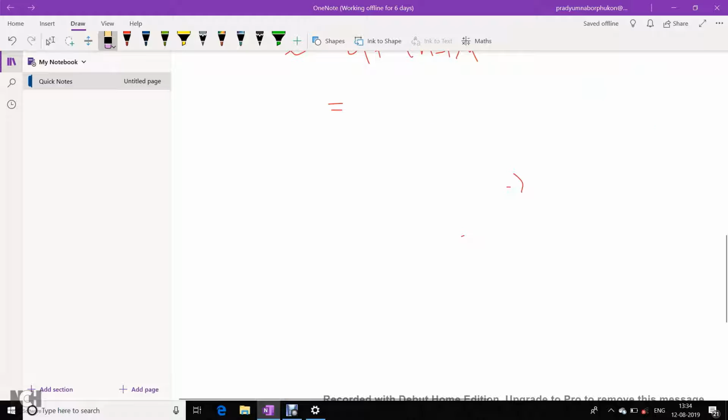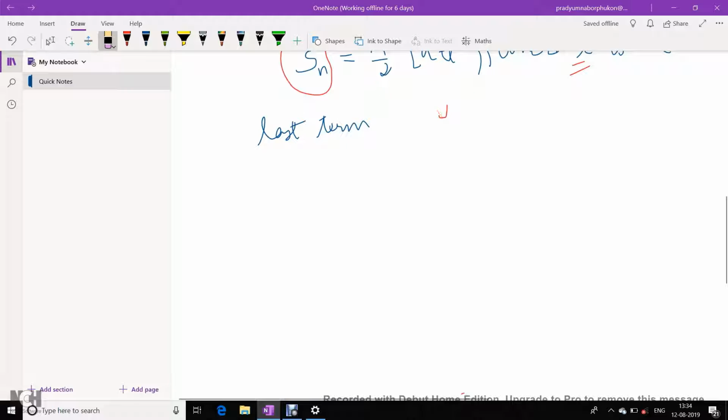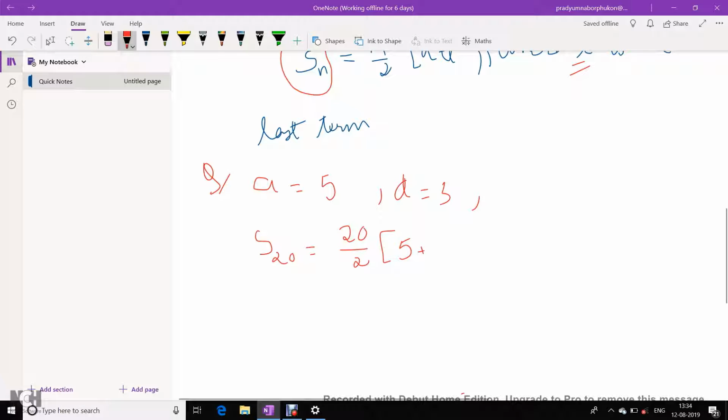Let me take an example. a is given as 5, d is given as 3, so we need to find S20. n by 2 into 2a plus n minus 1 into d. So 20 by 2 into 2 into 5 plus, n is 20, so 20 minus 1 into d. d is 3. So 10 into 10 plus 19 into 3, which is 57.